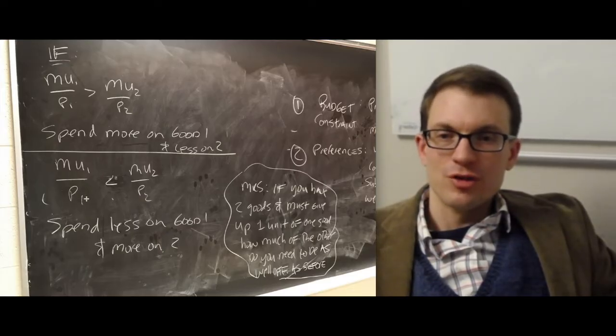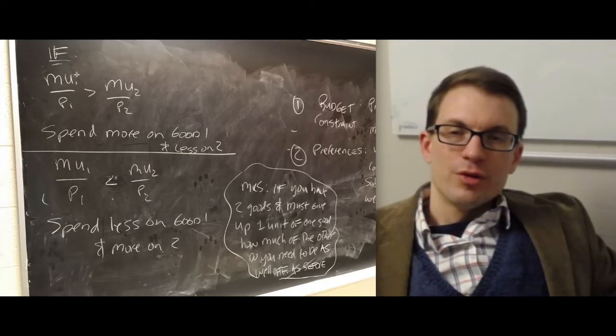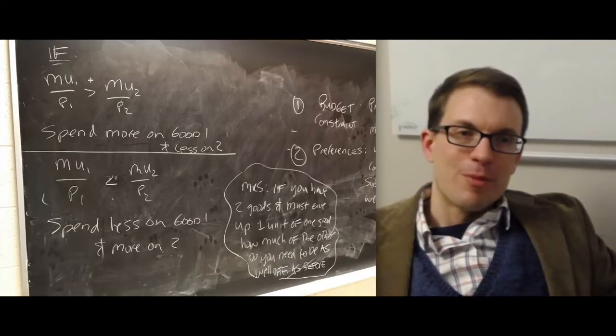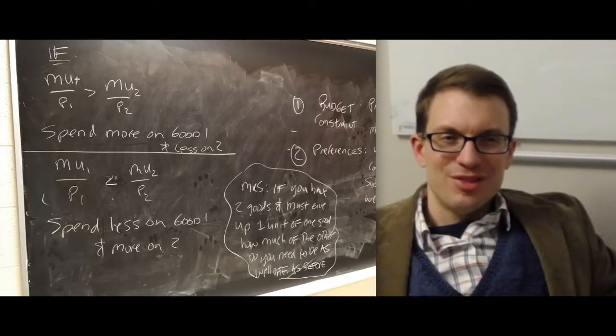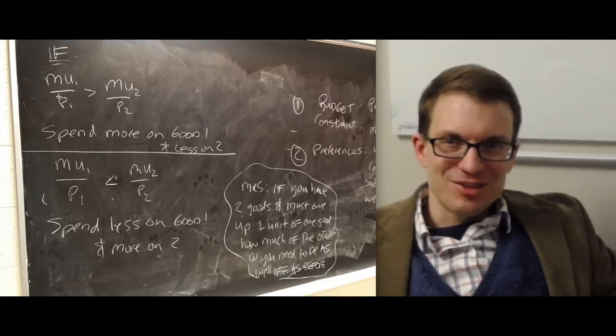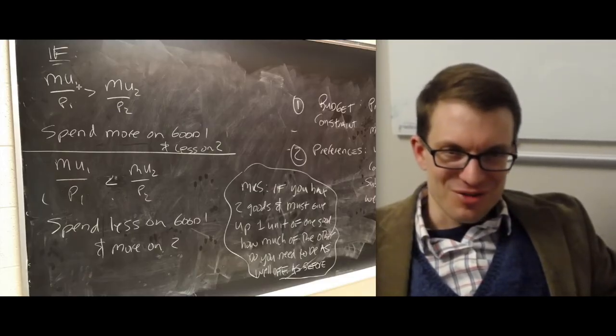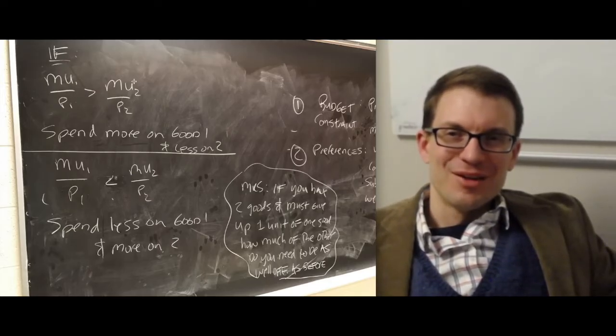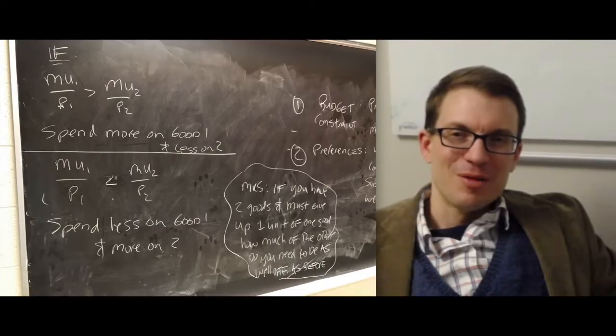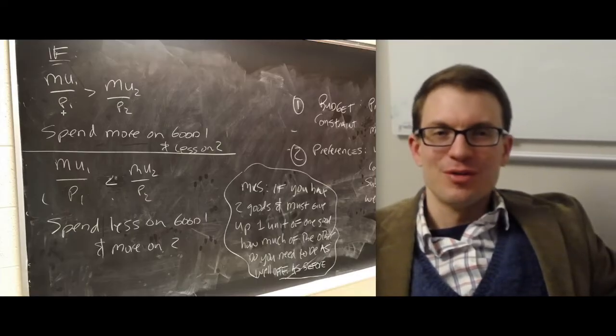That was this condition. So what this is really illustrating is our bang for your buck rule. This is saying, look, if the gain to my utility per price is bigger for good 1, I should just spend more on good 1, right? Why would I spend more on good 2? I'm going to spend more on good 1 because I'm getting more per unit of expenditure.